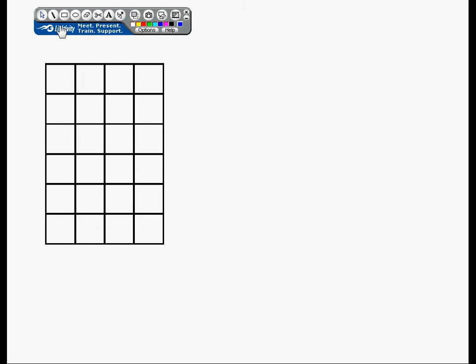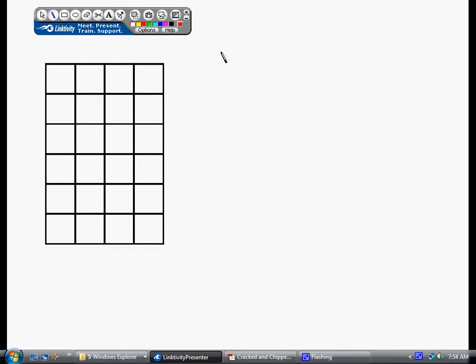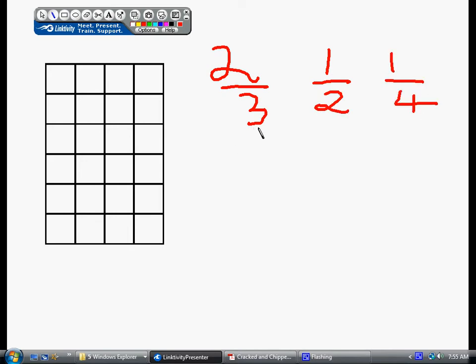Because the fractions I'm dealing with are these. Let's write them. 2/3, 1/2, and 1/4. 24 is divisible by 3, 24 is divisible by 2, 24 is divisible by 4.